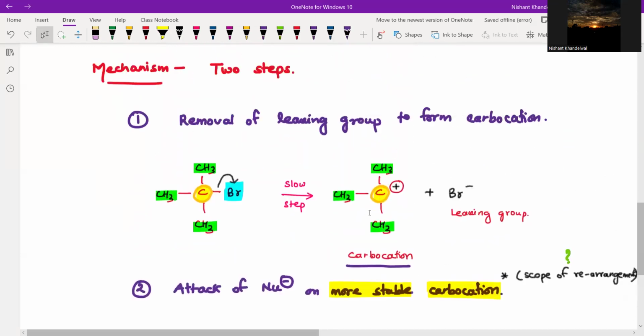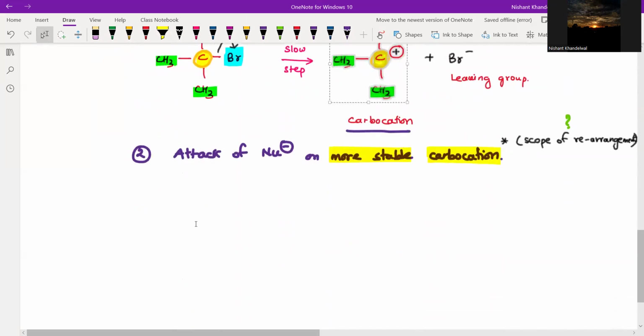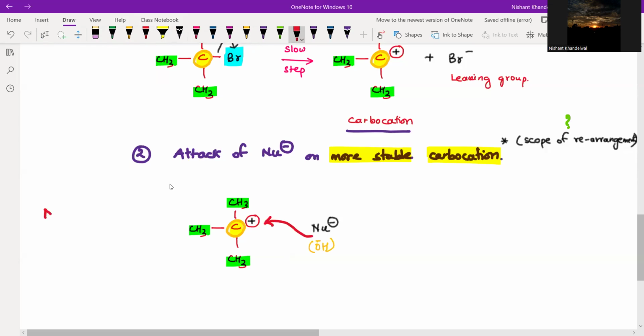Our carbocation, which was just formed in step one, will join the party for the second step. Now what happens? The nucleophile, that is obviously OH minus, will react, because always in organic chemistry the bonds are formed from nucleophile to electrophile, from one which is rich to one which is poor.